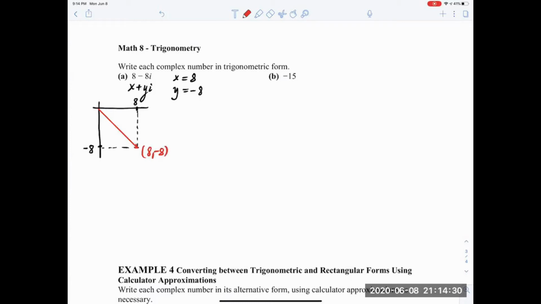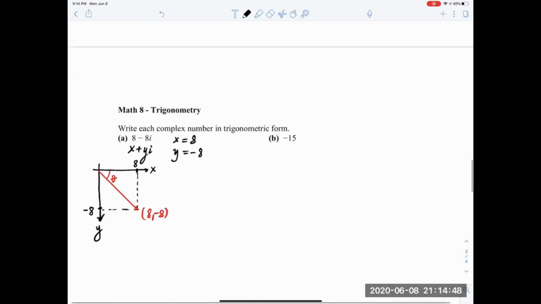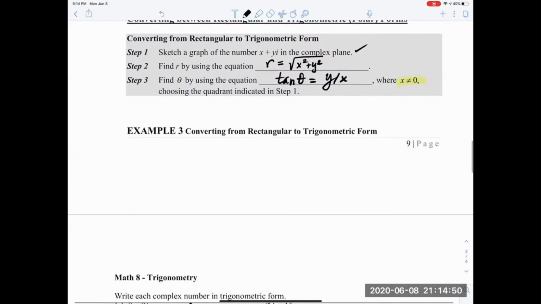And now you're going to be looking for your angle theta. It doesn't matter which way you go, you're going to have the same tangent and the same sine, being in this quadrant. Remember, this is your real part on the x-axis, and on the y-axis, that's your imaginary part. So remember to follow the steps here, kind of stay on track.